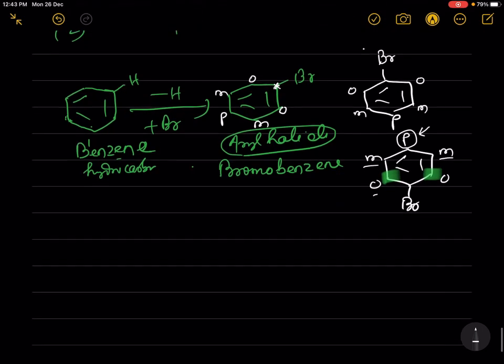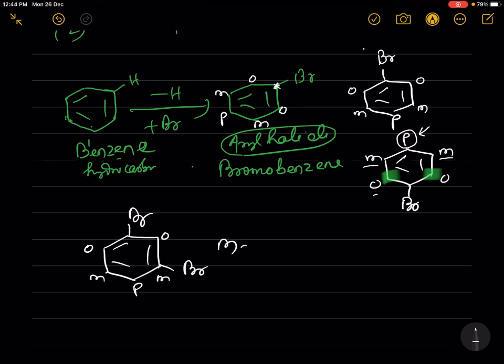So if there is a structure like this, then this is ortho, this is meta, this is para, this is ortho, this is meta. This is meta dibromobenzene. Why meta? That you know. IUPAC name 1, 3 dibromobenzene.